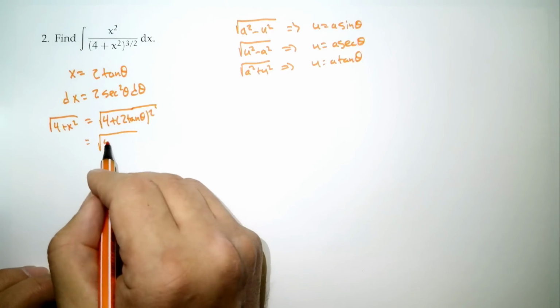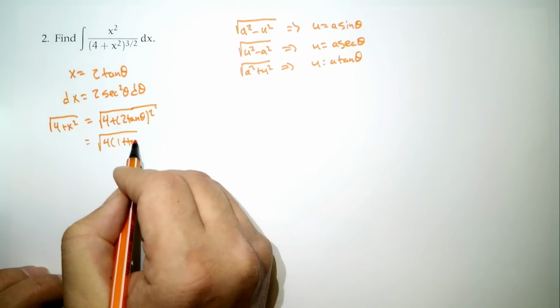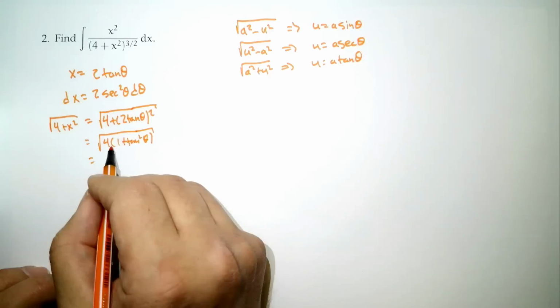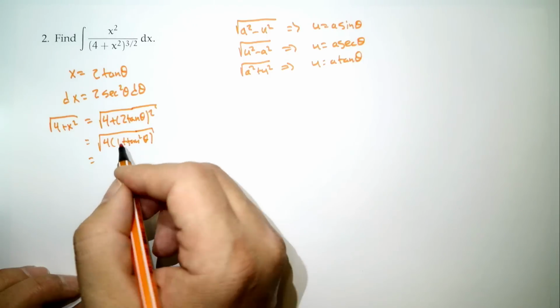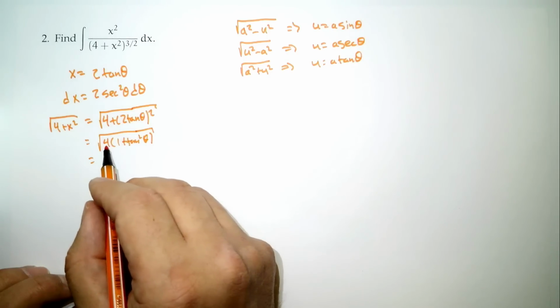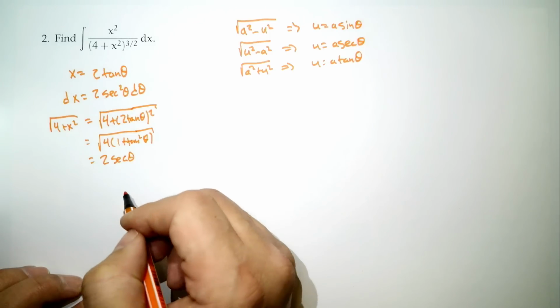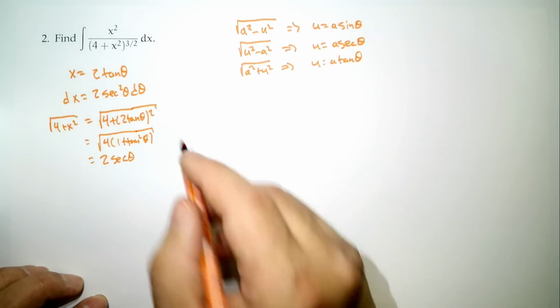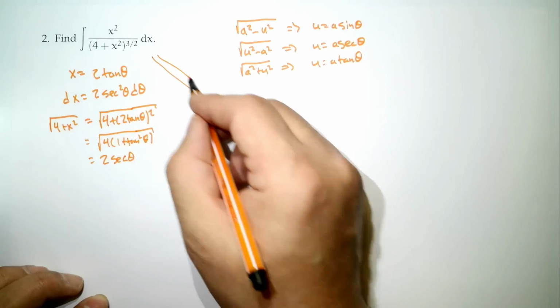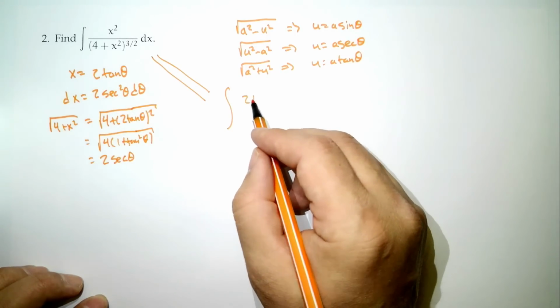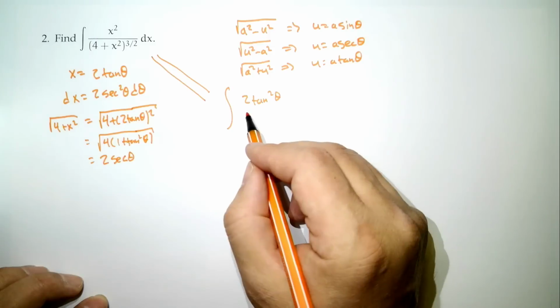And if you work this out, what you discover is, because of our trig identities, you get 1 plus tangent squared underneath, which is secant squared, and then you have a 4, so it simplifies to 2 secant theta. So, with that substitution, our integral becomes, upstairs, 2 tangent squared theta.